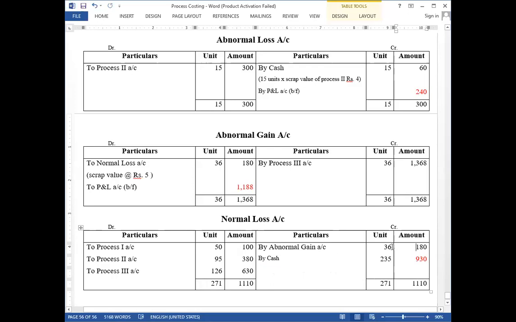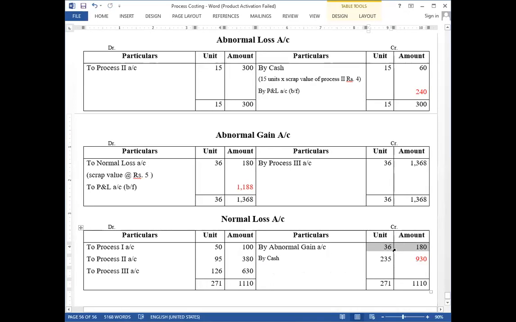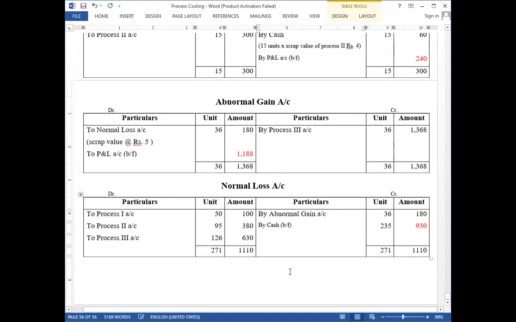Out of that, I cannot convert these 36 units, as I cannot sell them as normal loss because they have become gain. So I can get only 930 rupees as cash. So this is the balancing figure, which can be taken as money, and the money can be put in the box. Okay, so this is the normal loss account.